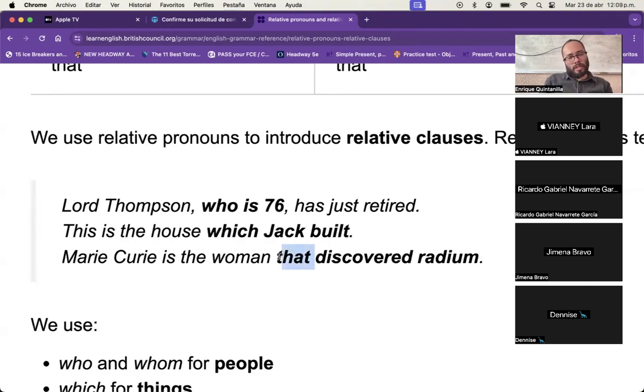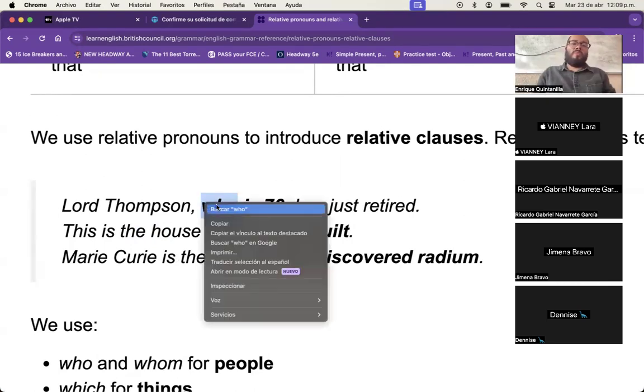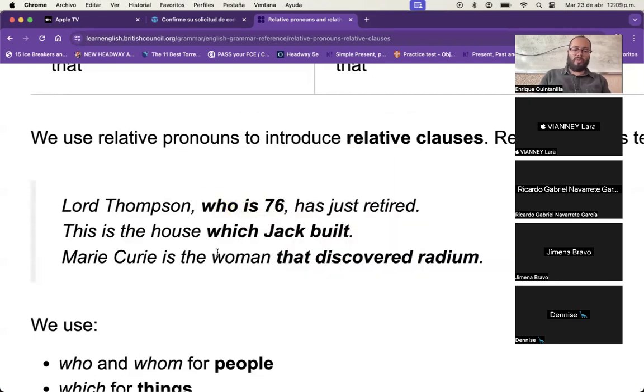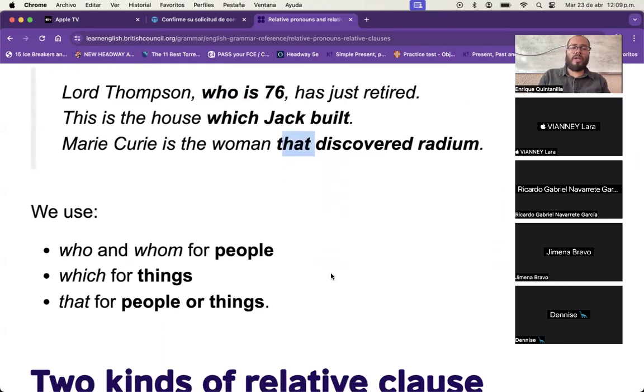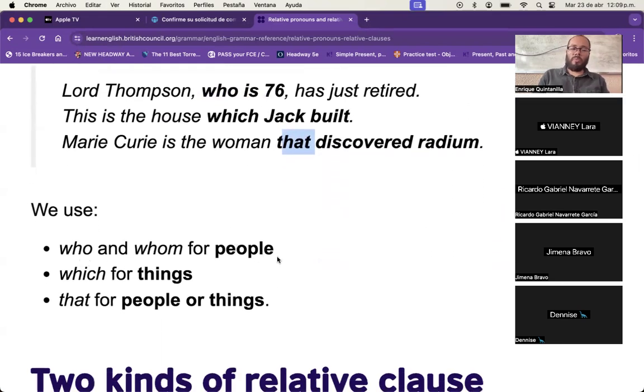Sometimes we can say that instead of who, and it's acceptable. But it's more formal and preferable to say Marie Curie is the woman who discovered radium. We use who and whom for people, which for things, and that for people or things.